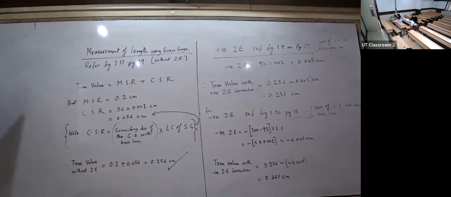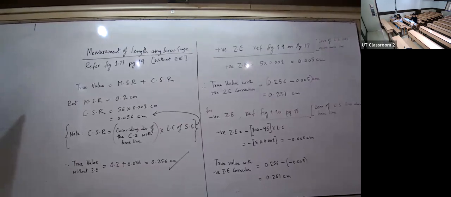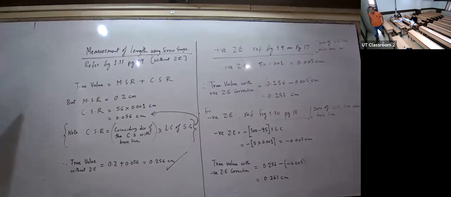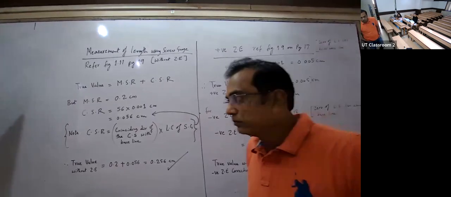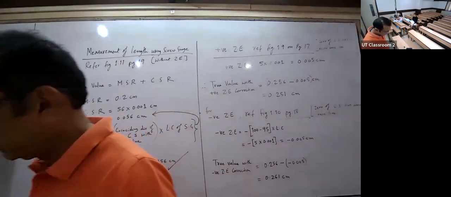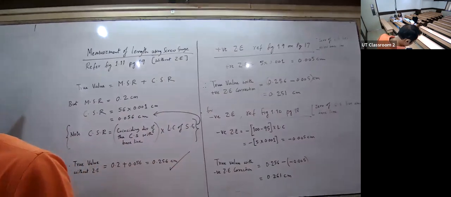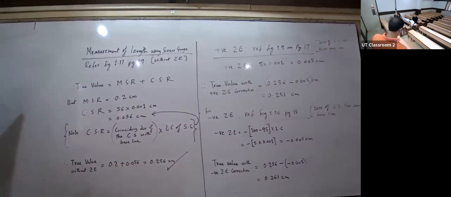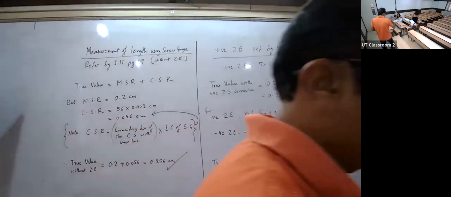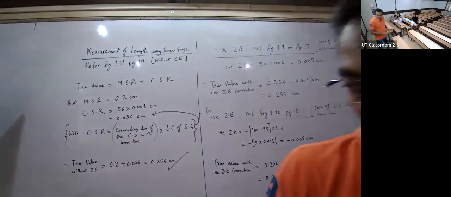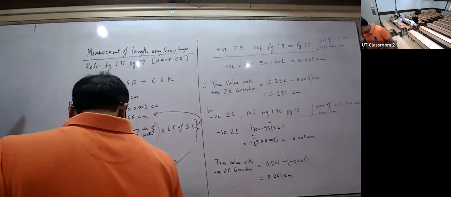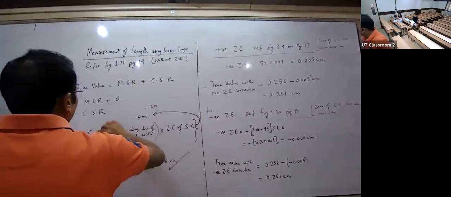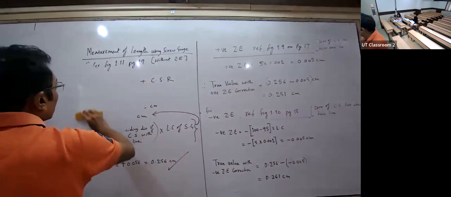Here and there. Done? Any issues? Okay, keep the book. So now we'll do some numericals from this chapter, from this unit.